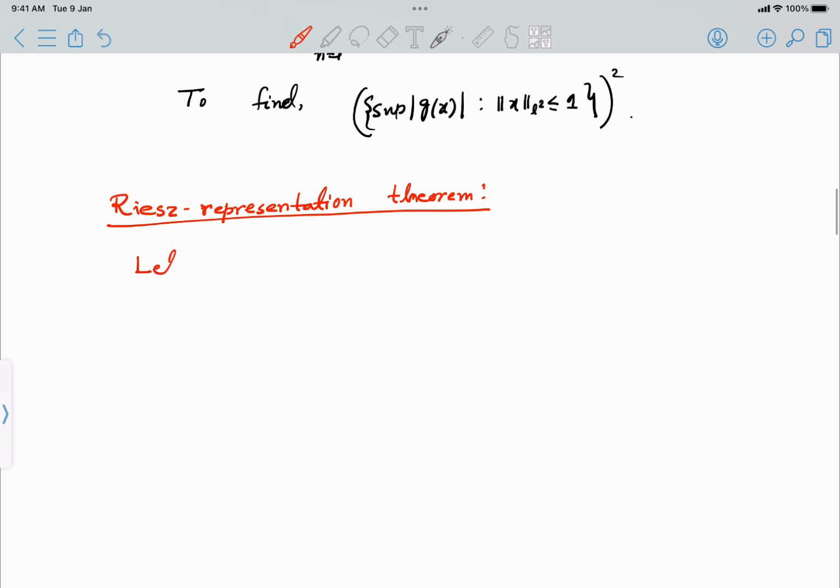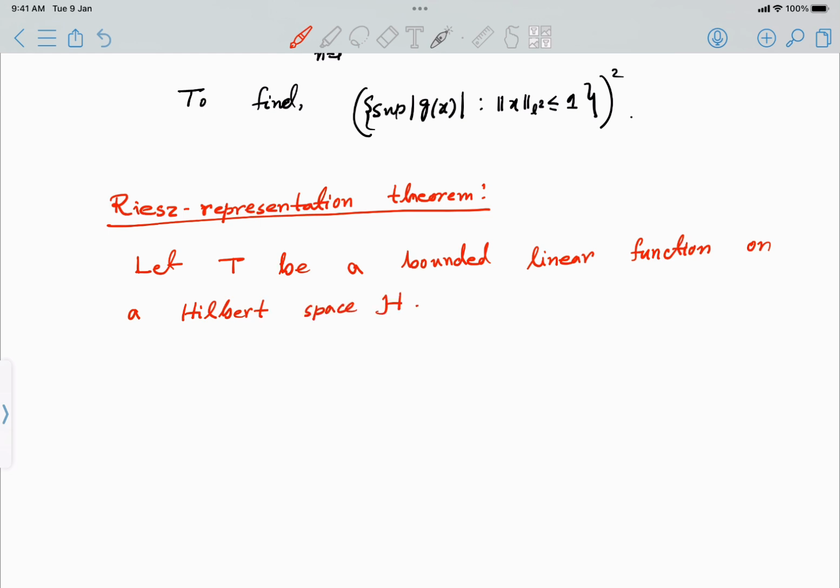So let T be a bounded linear functional on a Hilbert space H. As it is a Hilbert space, it has a natural inner product.